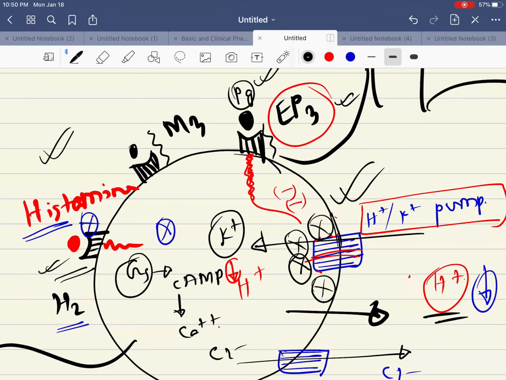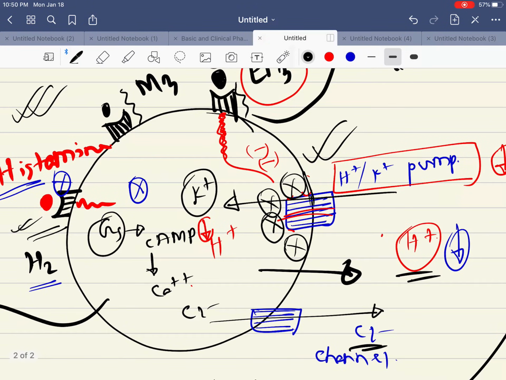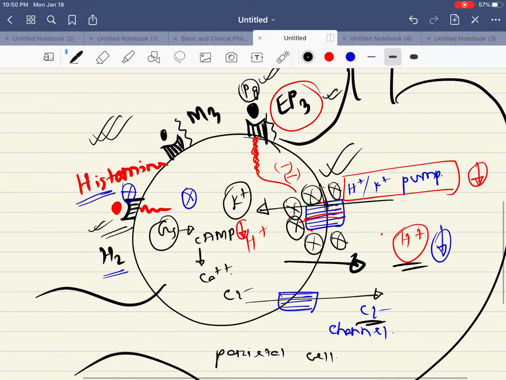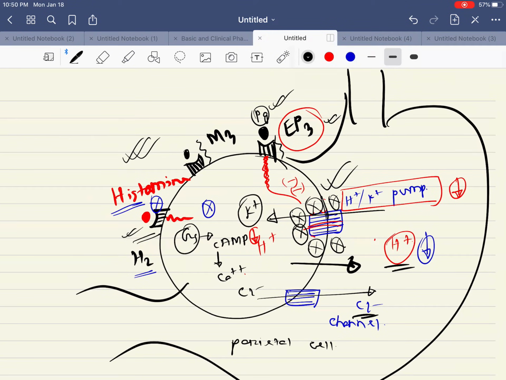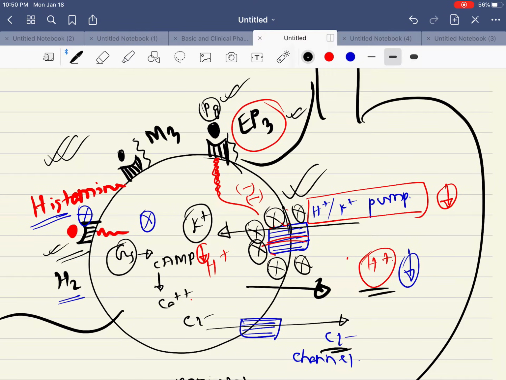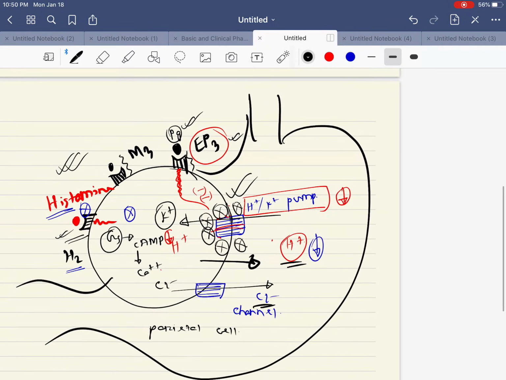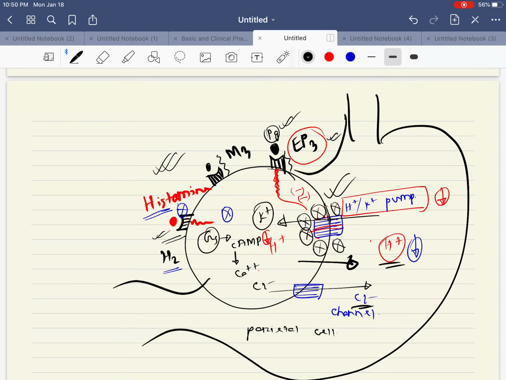Whether these receptors work or don't work doesn't matter, because the final pathway is blocked by the proton pump inhibitor. So it is the most effective drug. Proton pump inhibitor drugs are omeprazole, esomeprazole, and rabeprazole.